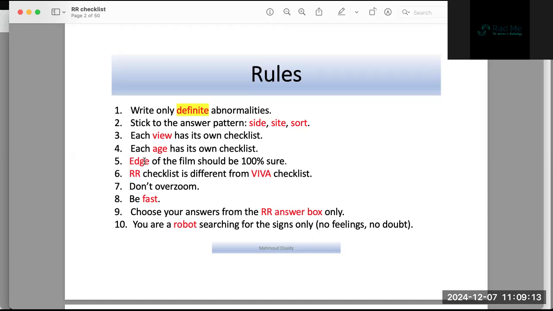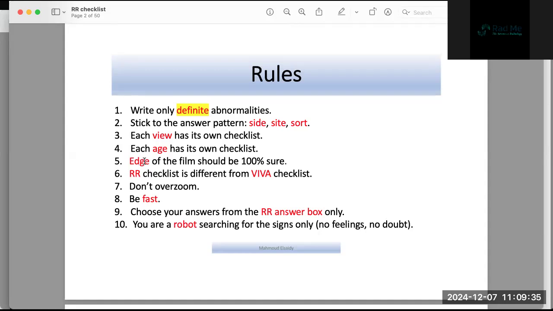So the abnormality should be 100% sure in this particular X-ray, in this particular view, without assuming anything, without imagining anything not there, or without need to clarify or to discuss the abnormality. The abnormality is a fracture. No need for discussion for it.